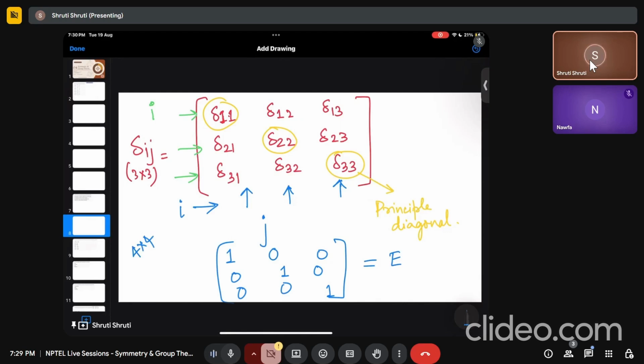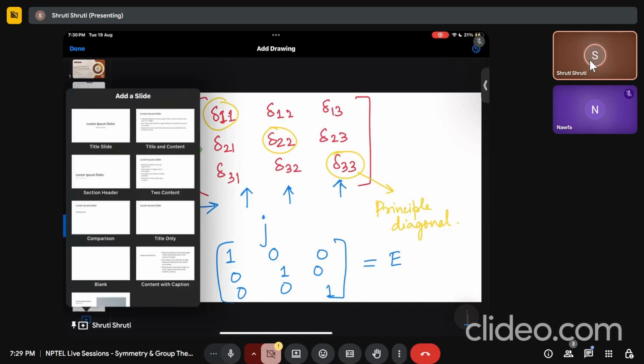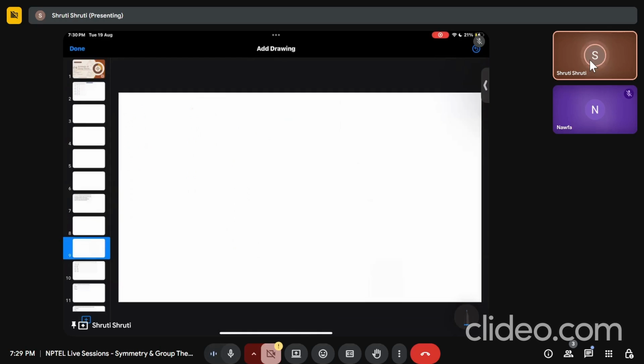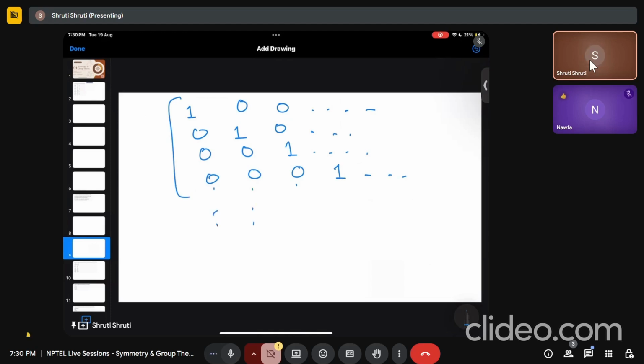So instead of writing this much of a matrix, suppose I want to write n cross n, I will have to keep on writing this. Isn't it? So to make it a short form, it is just written as the Kronecker delta, delta ij.